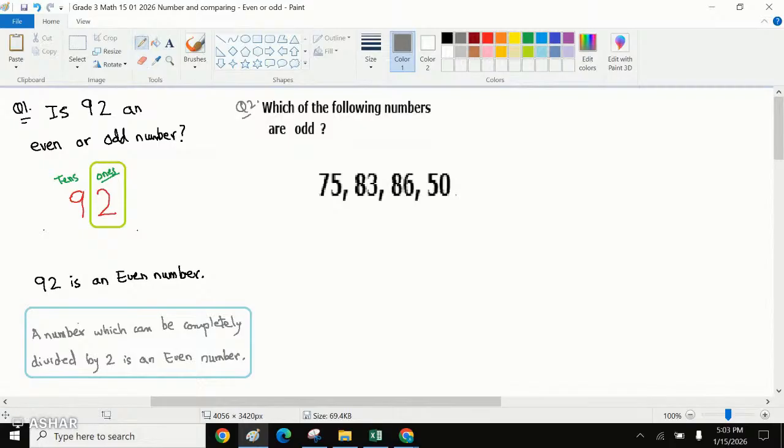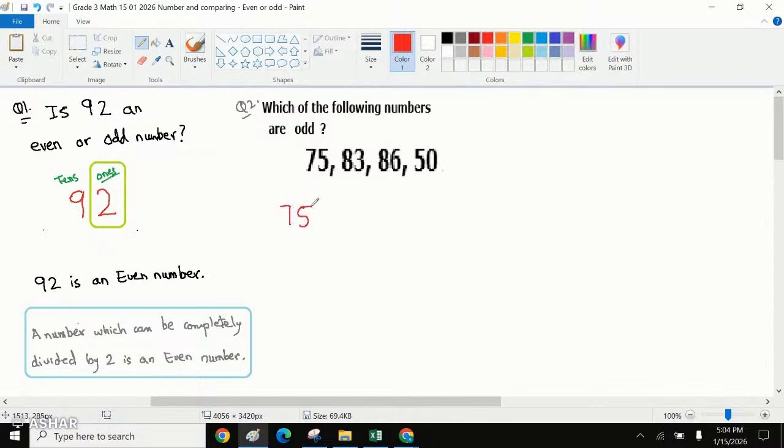If 75 was the first number, we can say 75 ends with a 5, right? On the ones position we have a 5, and anything that ends with 1, 3, 5, 7 and 9 is always odd.